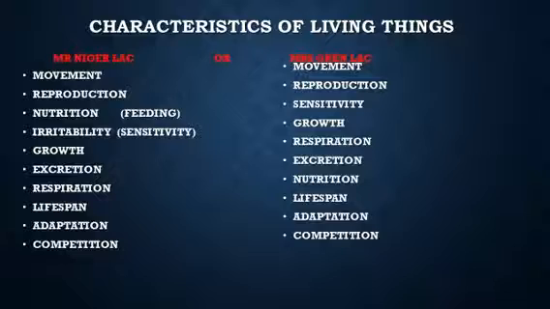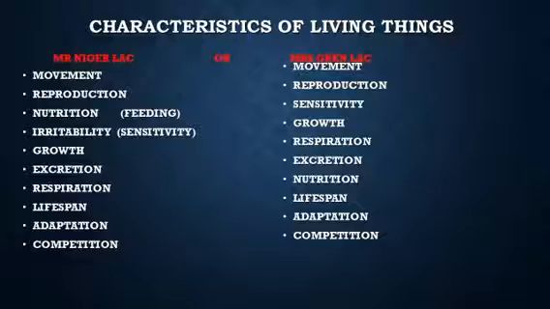And the acronym is Mr. Niger Lack. The meaning of Mr. Niger Lack is that M represents movement, R represents reproduction, N represents nutrition, also known as feeding, I represents irritability, also known as sensitivity, G represents growth, and E represents excretion.